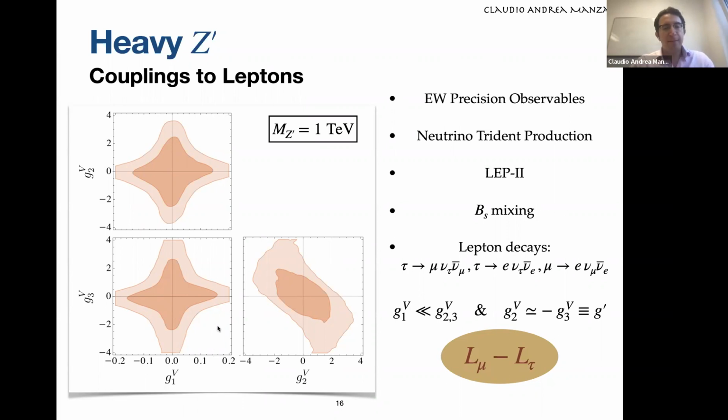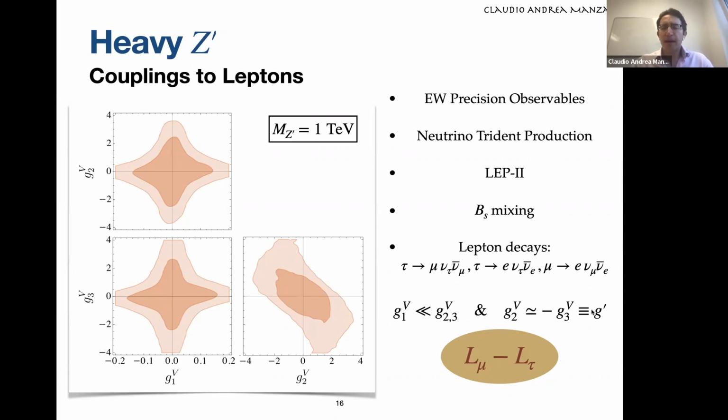And this is mainly a result of the data from e+ e- to l+ l- processes from LEP2. And additionally, you can see that data seem to prefer an anti-correlation between couplings to second and third lepton generation. So it seems that all these data together point toward a sort of L mu minus L tau symmetry, where the coupling to the first generation is very suppressed, and in the following we really take it to be 0.